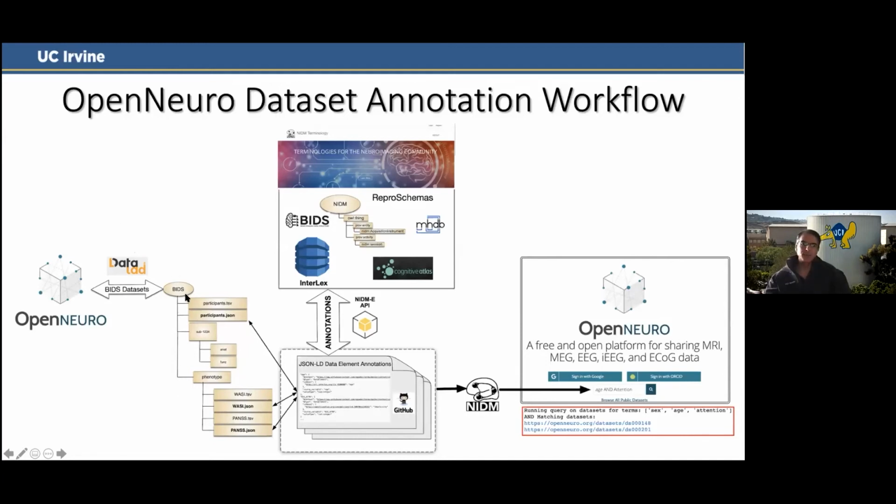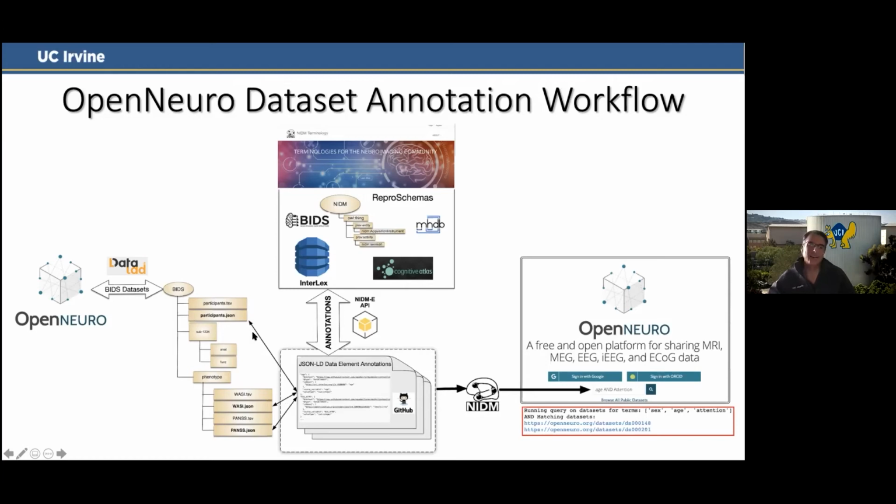So we use DataLad, we pull the data sets, and they come out as BIDS. Sometimes they have a JSON file and sometimes they don't. We've built some annotation tools, and if you ever played the game Zork, which is a text-based game, these annotation tools are text-based in that sense.